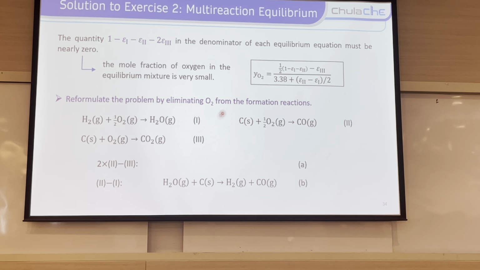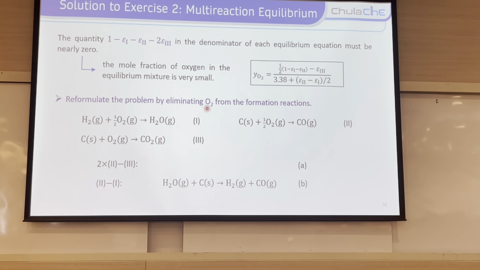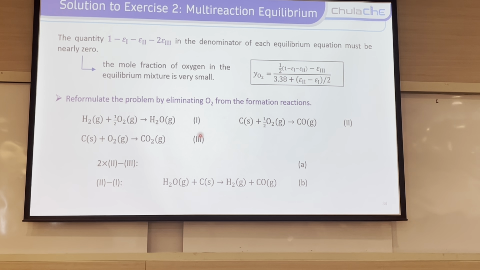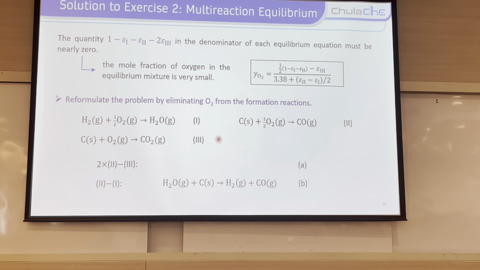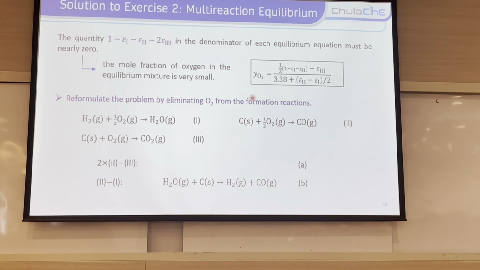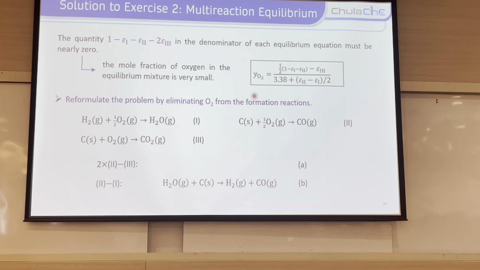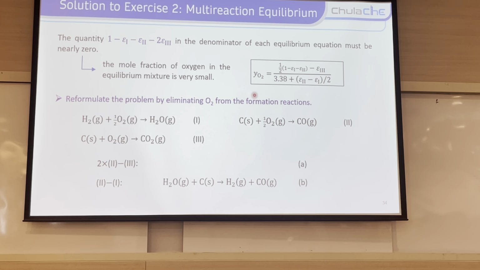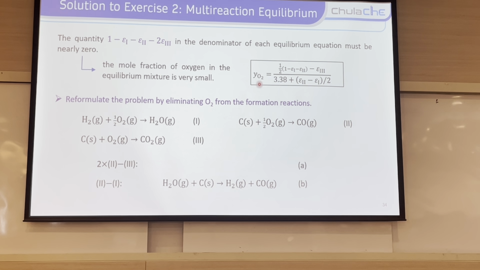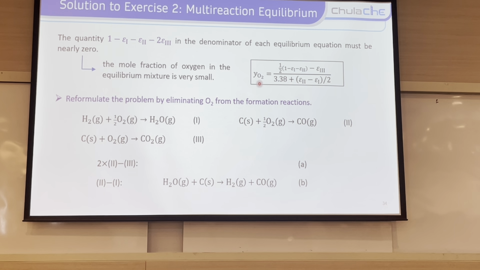So we have to look back into the chemical reaction system again. We have to eliminate oxygen from the chemical reactions that we have written before, because from the consideration of the equilibrium constant and the mole fraction, we found that at the equilibrium, oxygen might not exist anymore.